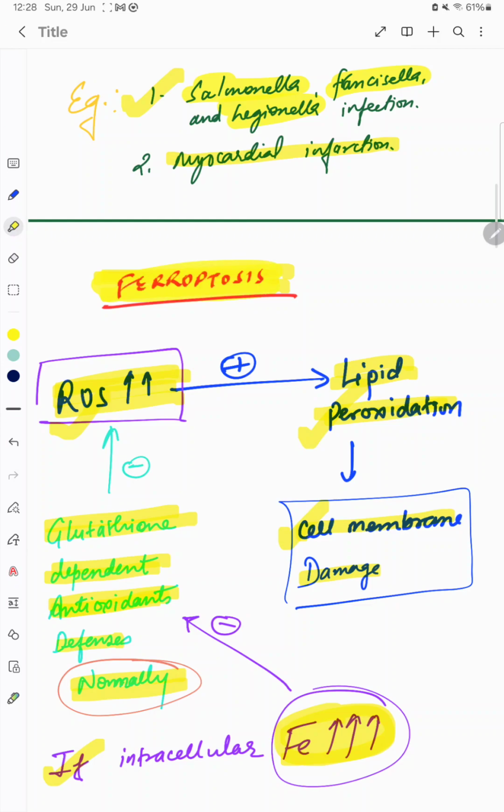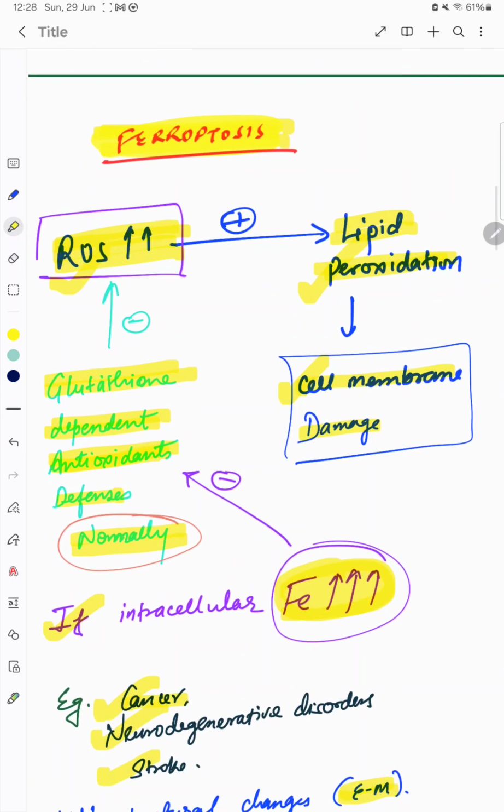Now we will discuss ferroptosis, another form of cell death. Normally, glutathione-dependent antioxidant defenses regulate the synthesis of reactive oxygen species or free radicals, but whenever there is a very high level of intracellular iron, it inhibits the scavenging or defense mechanism of glutathione-dependent antioxidants.